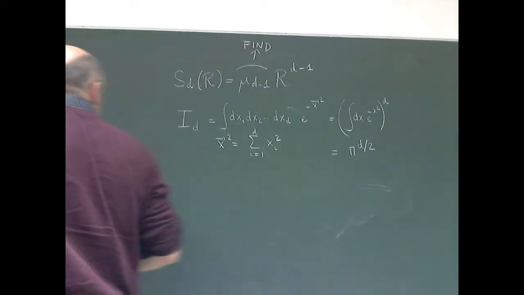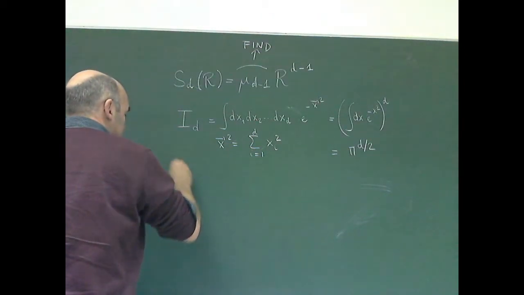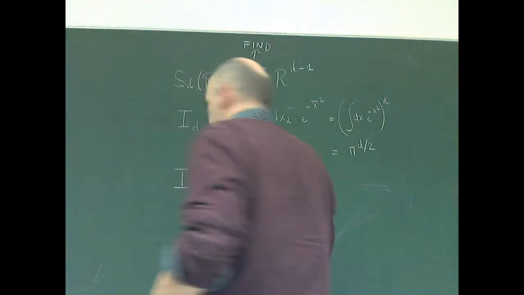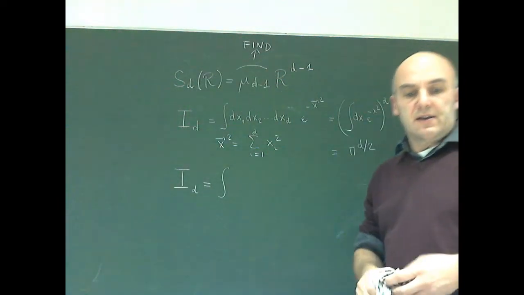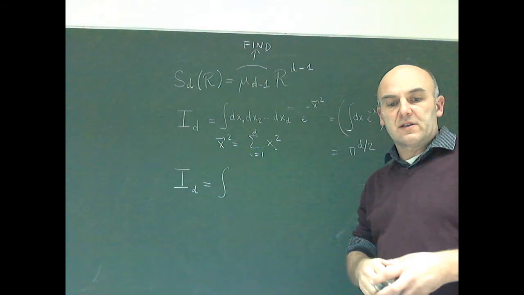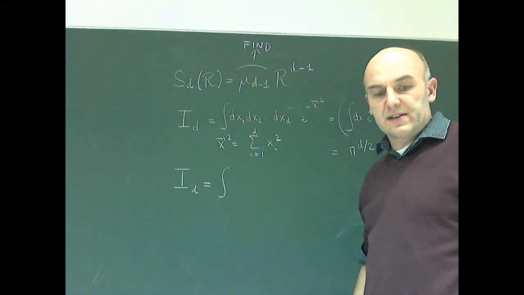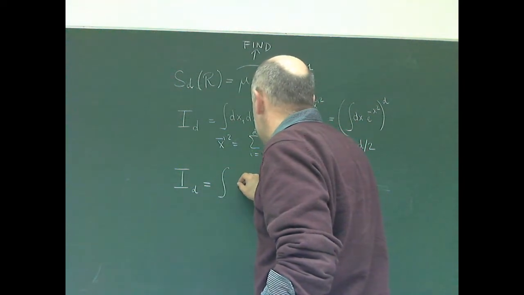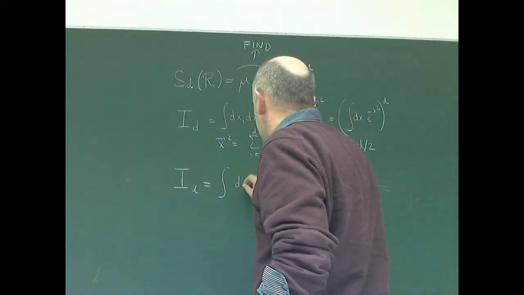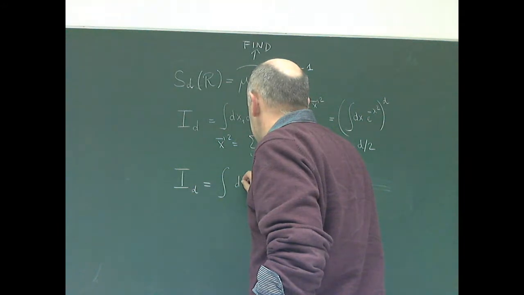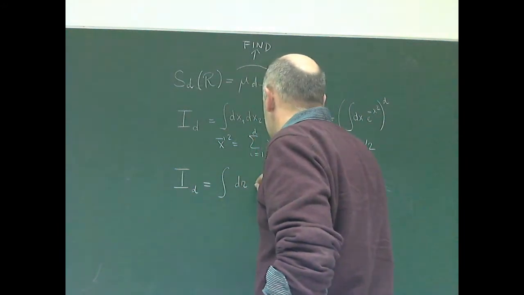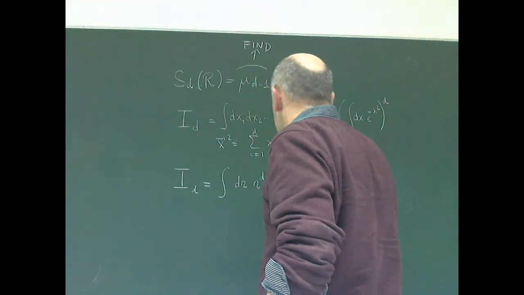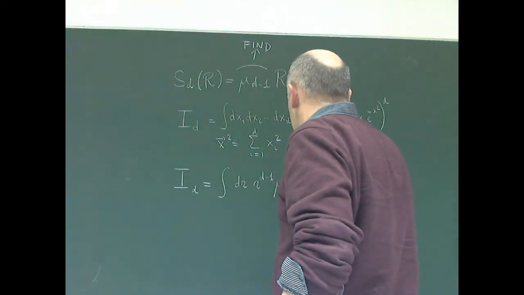On the other side, if I do the transformation to polar coordinates in high dimensions, this quantity is exactly the integral of dr, r to the power d minus 1, times exactly the factor that I was looking for, mu d minus 1.